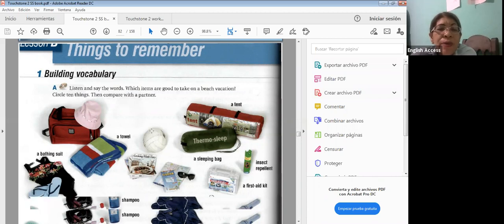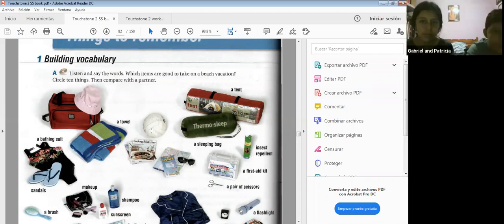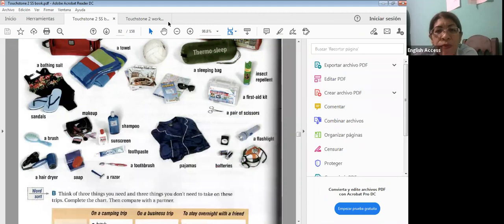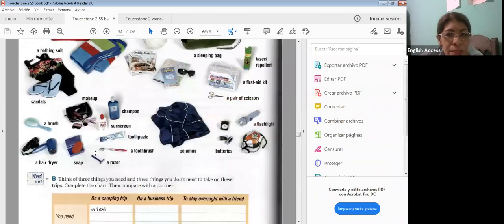So exercise 1A says, listen and say the words. Which items are good to take on a beach vacation? Circle 10 things and compare with a partner. We're going to do this first. I'm going to play the audio and you're going to listen to the pronunciation of these words. So I want you to listen and try to repeat the pronunciation.